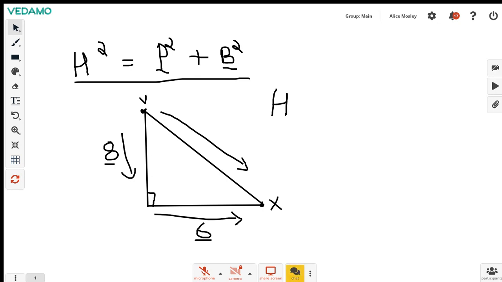We have to find the value of H. Now instead of P, I will write 8 raised to power 2. And instead of B, I will write 6 raised to power 2. Okay, is it clear till now? What I did was, instead of P, I wrote the value of P, and instead of B, I wrote the value of B.